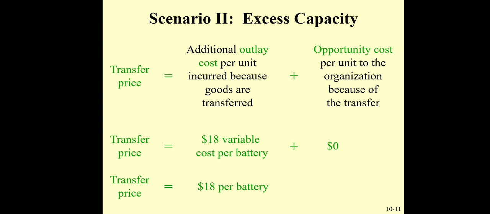So if the battery division wants to sell 100,000 units of batteries to the auto division, the battery division does not have to sacrifice anything. When the battery division does not have to sacrifice anything, then there is zero opportunity cost.